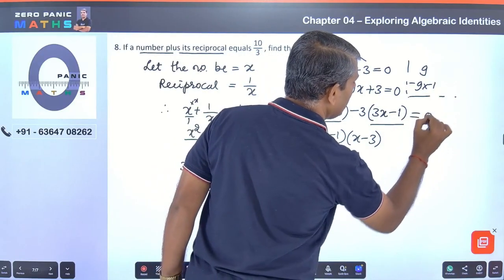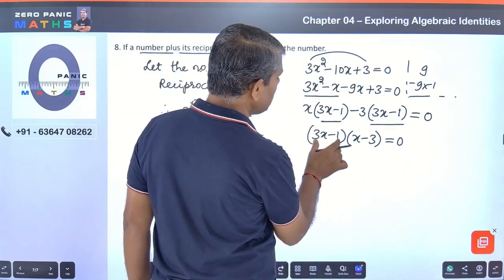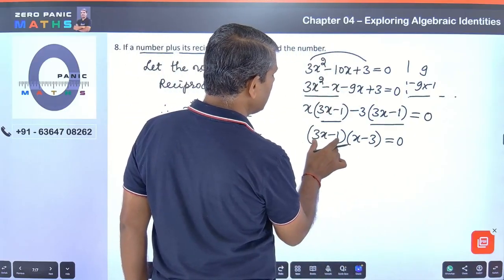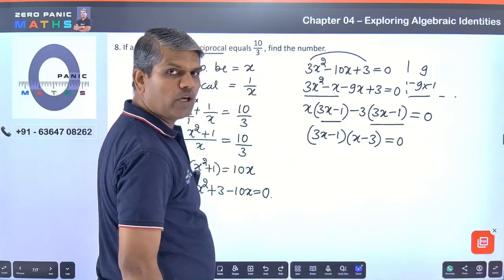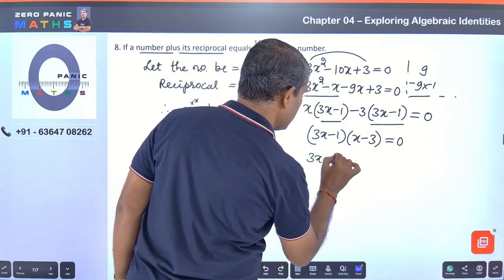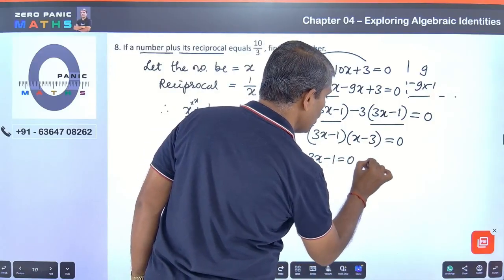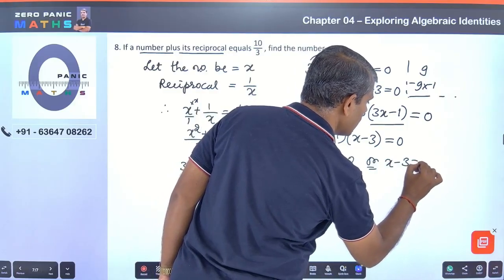I forgot, this is already equated to 0. Since these factors are equated to 0, either this should be equal to 0 or this should be equal to 0 to make the whole equation 0. So let us equate 3x minus 1 to 0, or x minus 3 is equal to 0.